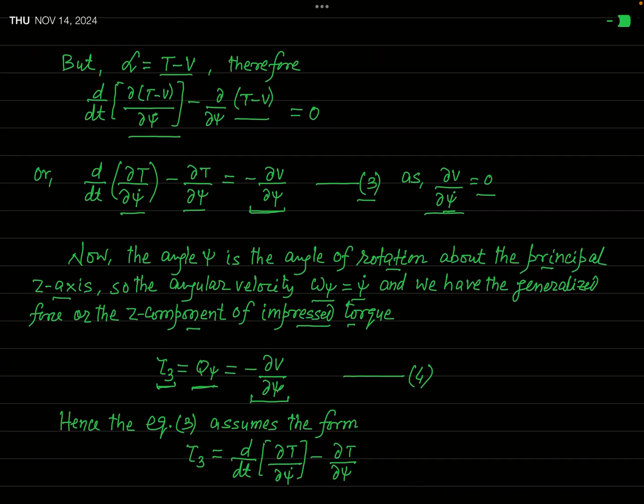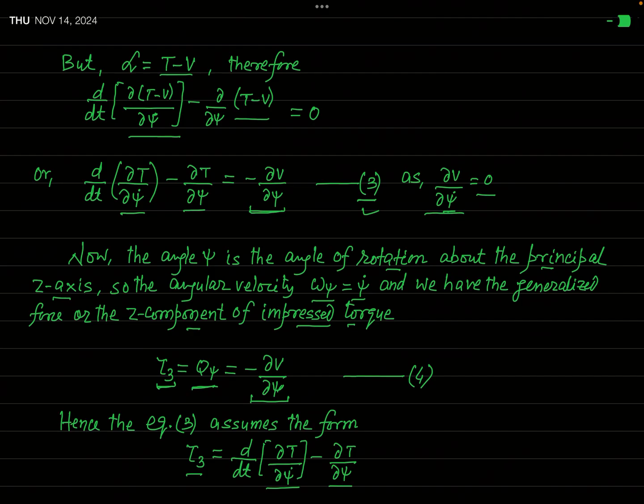So instead of minus del V by del psi in equation 3, now you can write tau 3. So the Lagrange equation defined in equation 3 can be written like this: tau 3 equal to d dt of del T by del psi dot, minus del T by del psi.